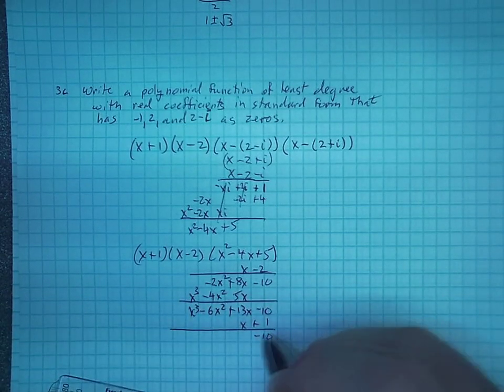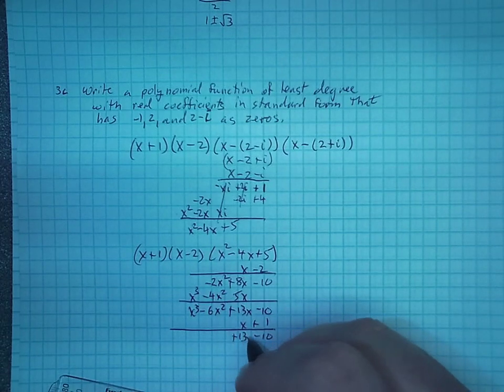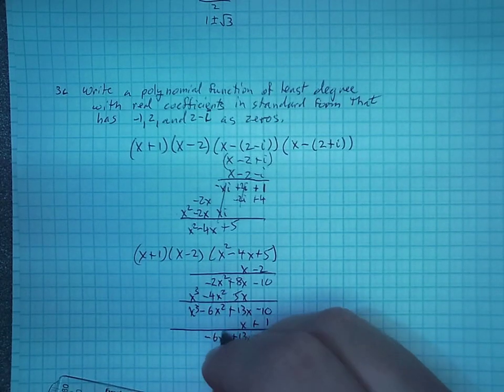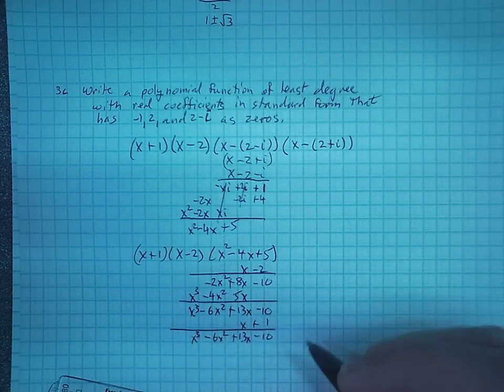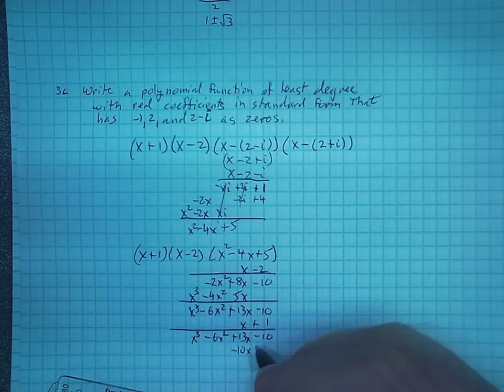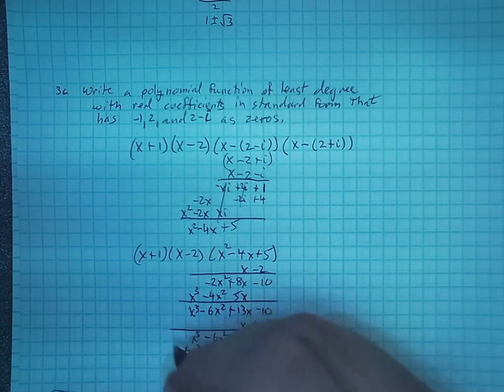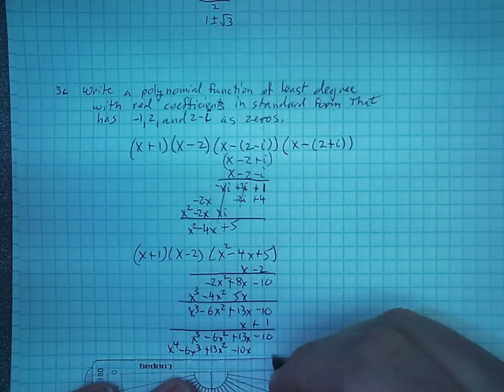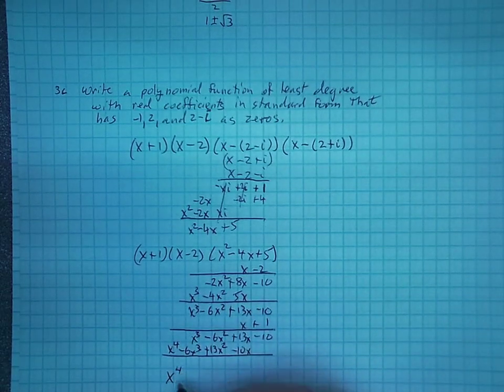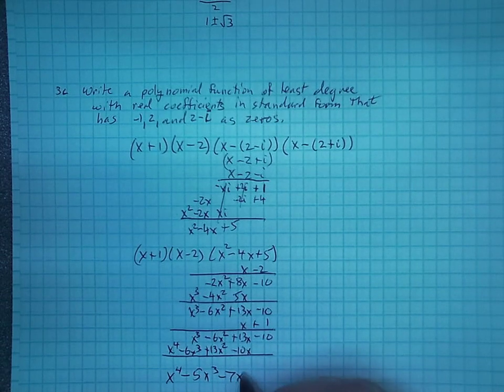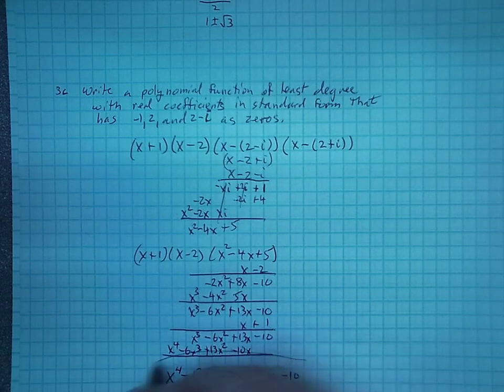So that's negative 10, positive 13x, negative 6x squared, and x cubed, plus negative 10x, positive 13x squared, negative 6x cubed, and x to the 4th. So x to the 4th minus 5x cubed minus 7x squared plus 3x minus 10.